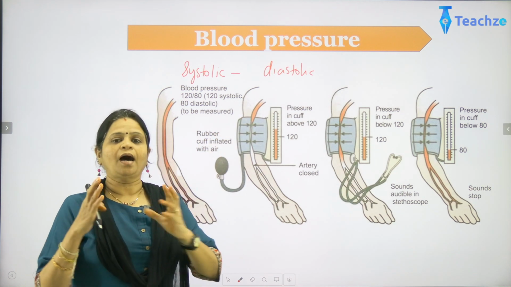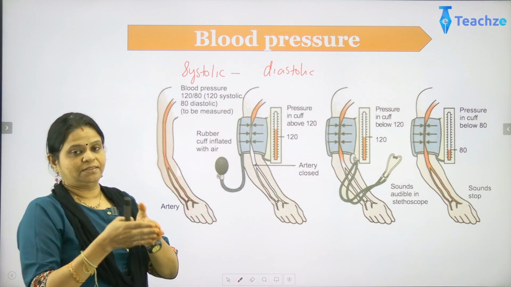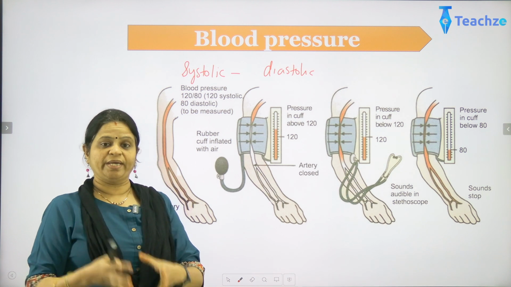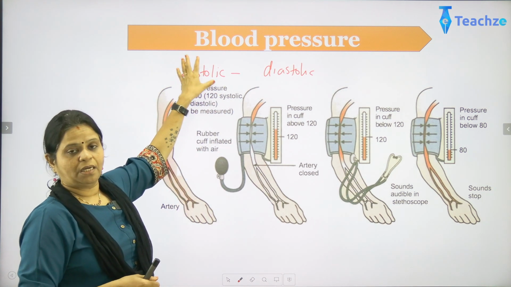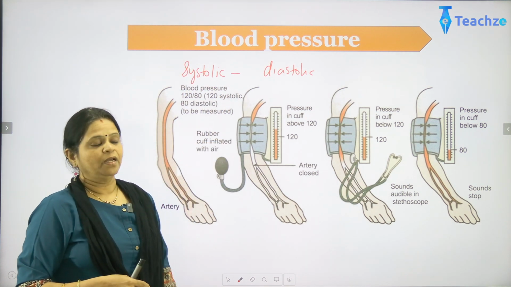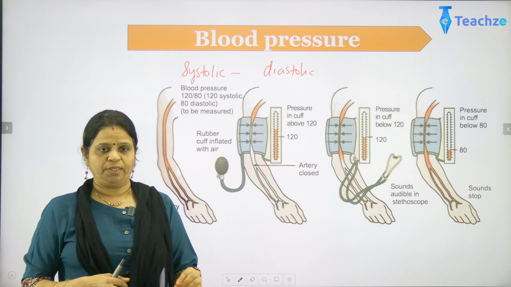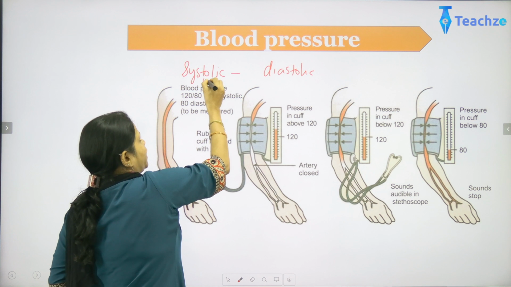Technically speaking, the heartbeat is made up of a systole and a diastole, that is the contraction and the relaxation unit. Together we call it blood pressure. Now what should be the correct amount of systolic and diastolic pressure? In a normal healthy individual, the systolic pressure will generally be maintained at 120.